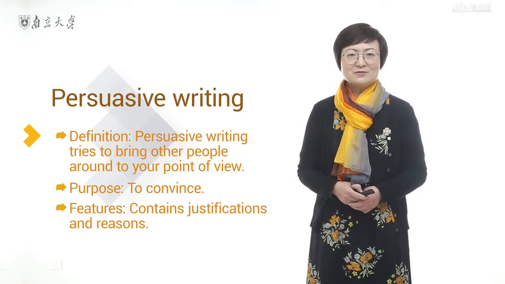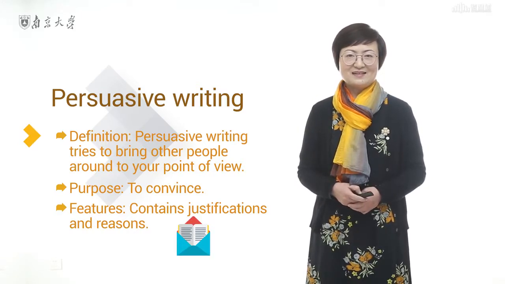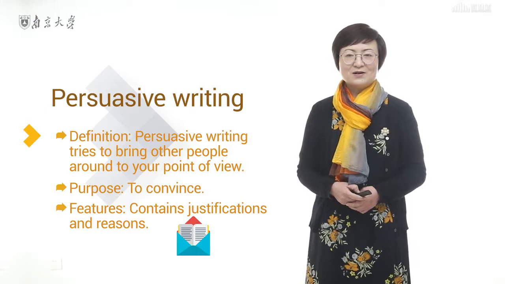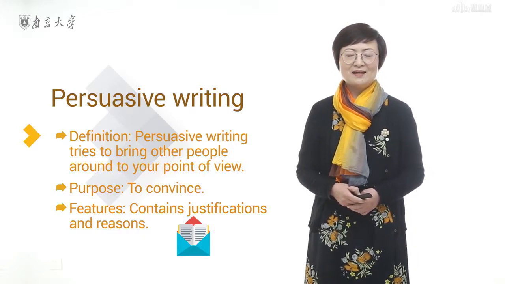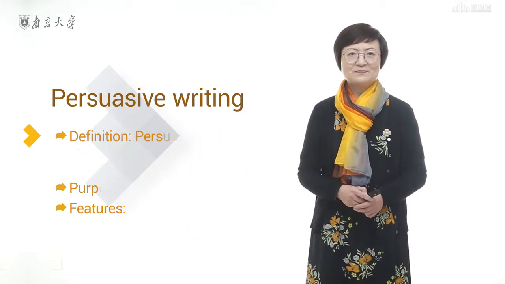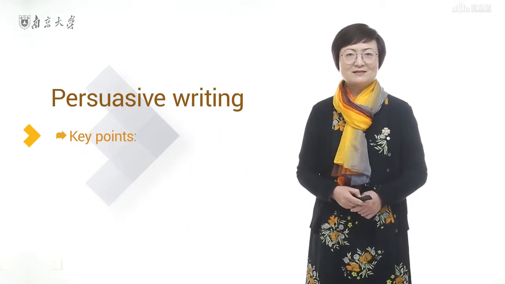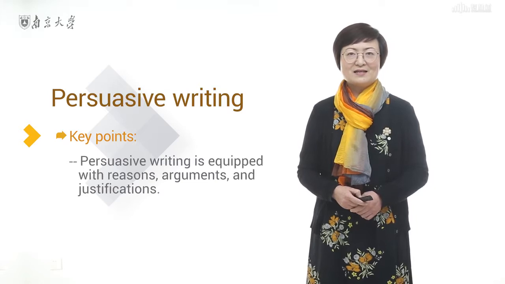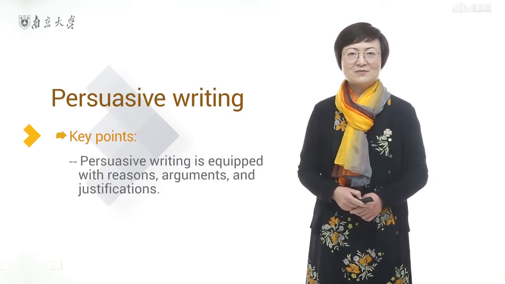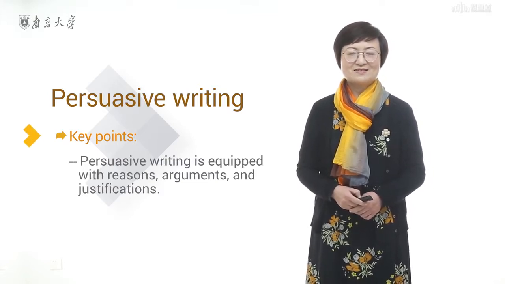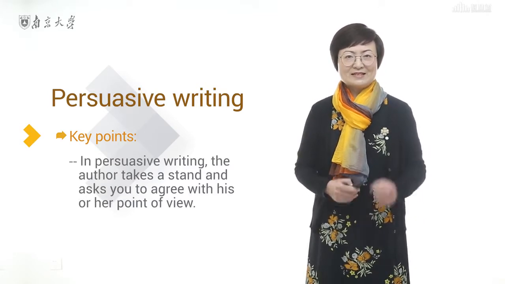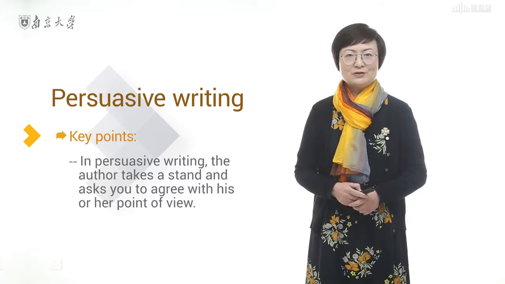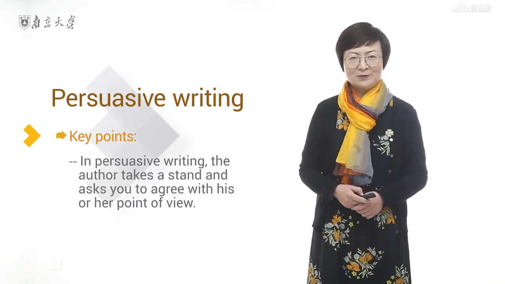It is often used in letters of complaint, advertisements or commercials, cover letters, and newspaper opinion and editorial pieces. Key points: persuasive writing is equipped with reasons, arguments, and justifications. In persuasive writing, the author takes a stand and asks you to agree with his or her point of view.